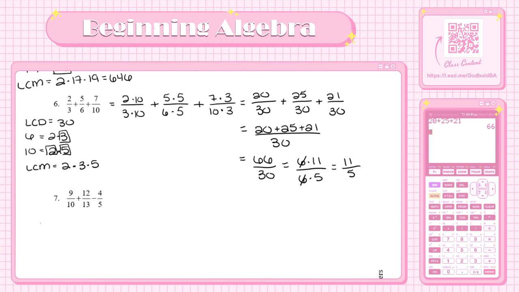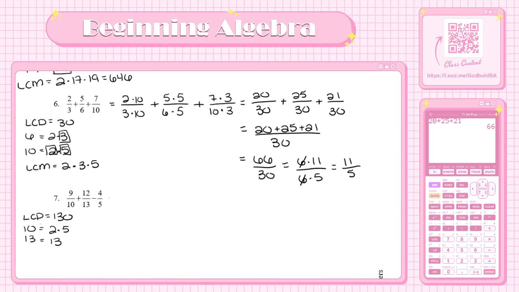Let's do the last one. So we have 10, 13, and 5, which I don't need to worry about because it's in the 10. So the least common denominator is 10 times 13, or 130.